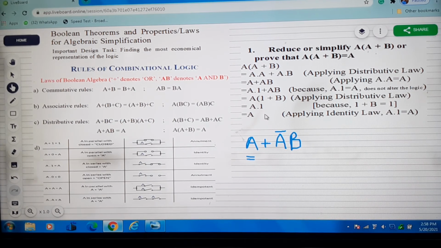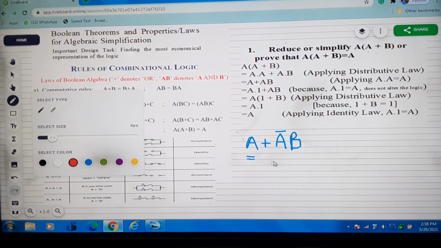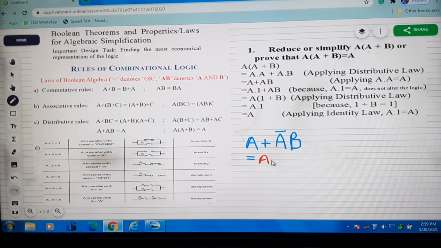We will take another example where we have to simplify A plus A bar B. Now, we can write this expression as, let me select the pen, A dot 1 plus A bar B. By using identity law, we can write variable A as A dot 1 because A dot 1 is always equal to A. Now, I can replace 1 by 1 plus B because multiplying by the term of 1 plus B does not alter the logic. 1 plus B is always equal to 1 by using the annulment OR law.